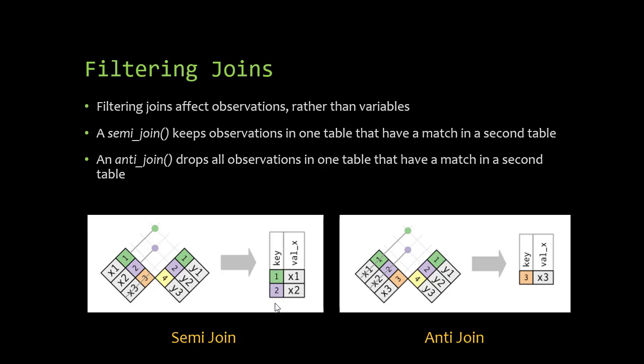So what we're doing is affecting which observations we keep, and that's why it's called a filtering join. It's a filtering join because it filters out what we keep. Let's look at an example of that, and then we'll come back and talk about the anti-join.